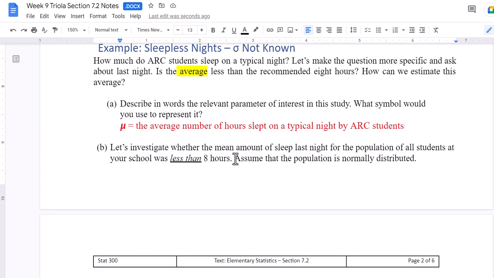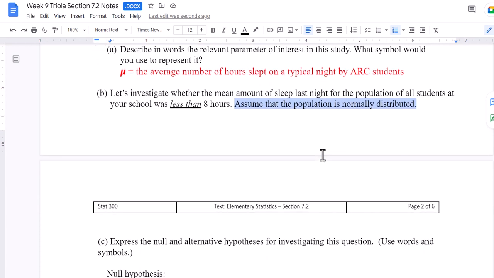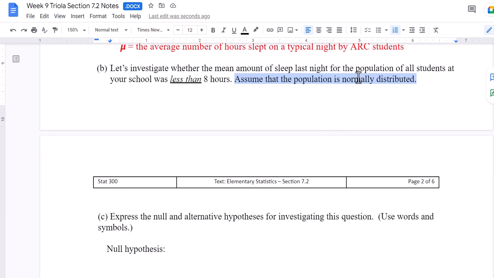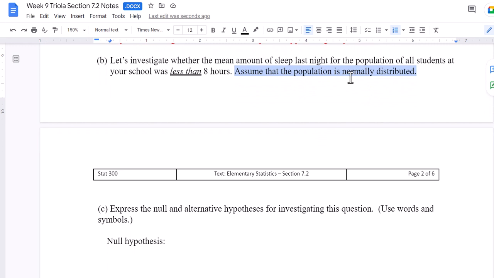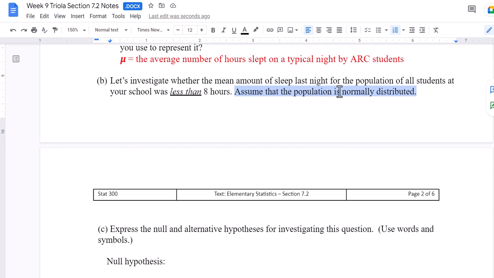And we're going to assume that the population is normally distributed. This is mainly here so that we can use the central limit theorem later, depending on the size of our sample, because if our sample is smaller than 30, we may not be able to use the central limit theorem. So this says assume our population is normally distributed, which guarantees that we can use the central limit theorem.